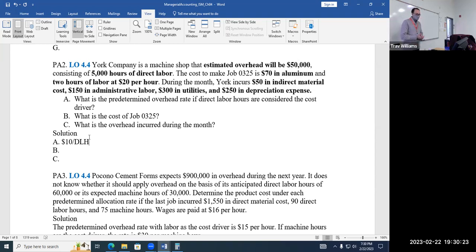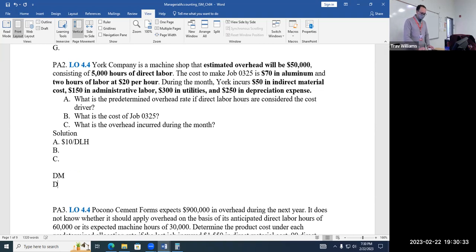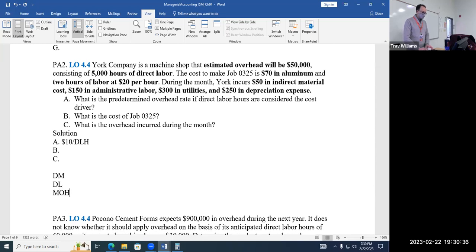Part B says, what is the cost of this job? Well, let's break that down. That would be direct materials, direct labor, manufacturing overhead.